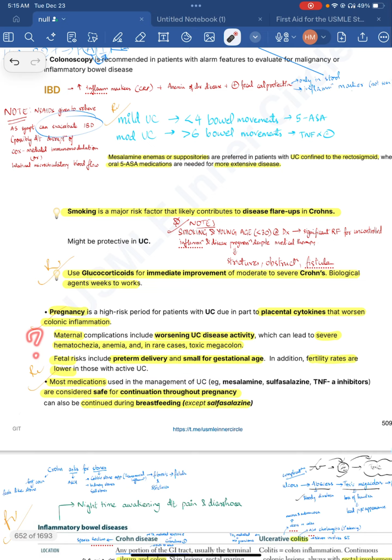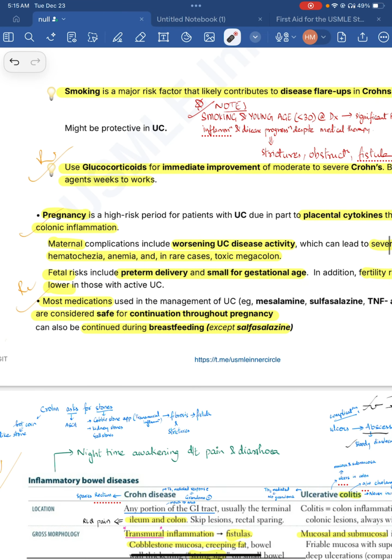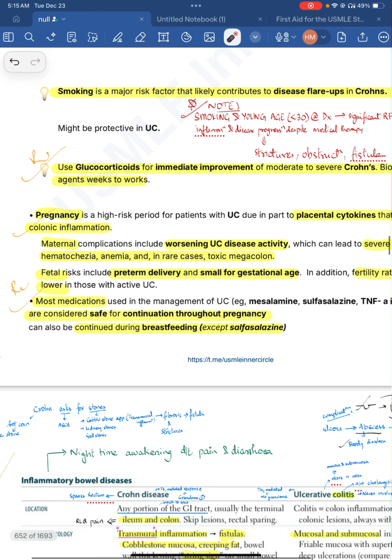What are the maternal complications and what are the fetal risks we are looking at? The maternal complications include worsening of ulcerative colitis disease activity, and this can lead to hematochezia, blood in stool, anemia, and in rare cases, toxic megacolon. What about the fetal risk?